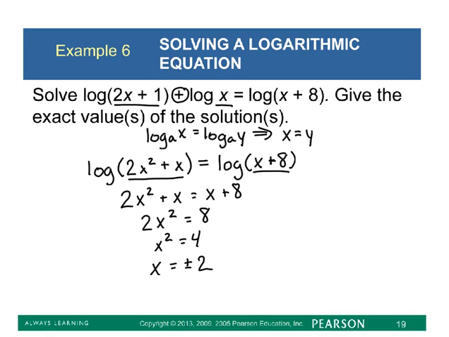At this point, what you need to do is check to see if both solutions actually work in your equation. You're going to plug negative 2 and 2 back into this original equation up here. When we do that for the value of negative 2, we're going to get an error.